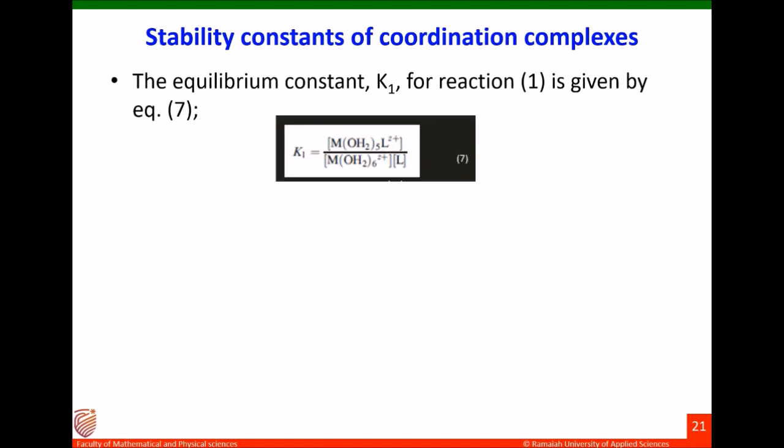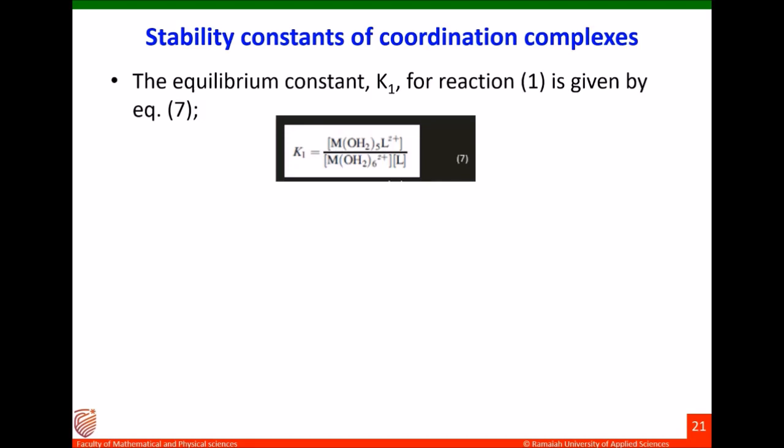That's why the equilibrium constant K1 can be written as the concentration of [M(OH2)5L]^z+ divided by the concentration of [M(OH2)6]^z+ into the concentration of the ligand.